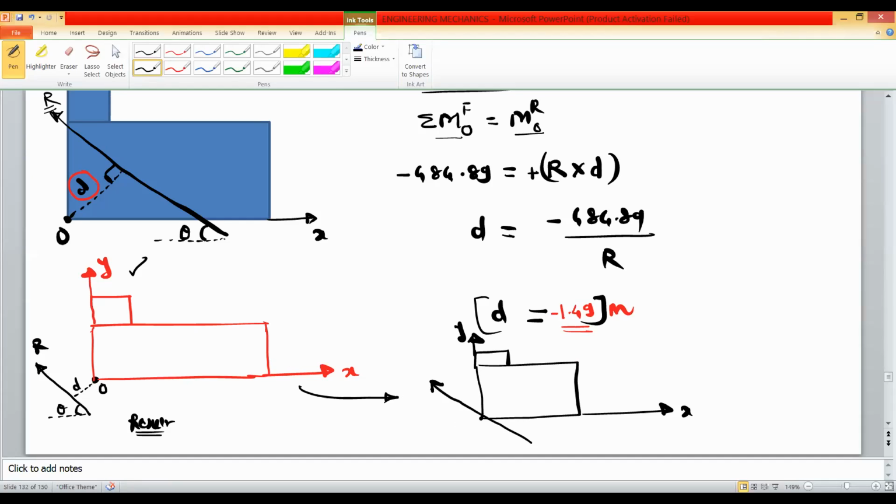So this is the resultant, that is R. Its angle will be the same. We have just shifted the resultant from this point to the origin.